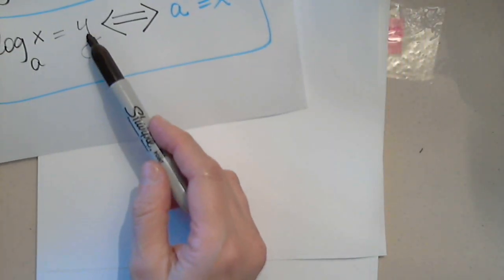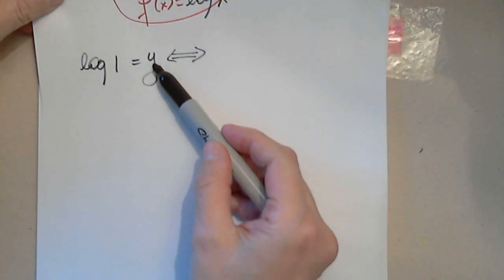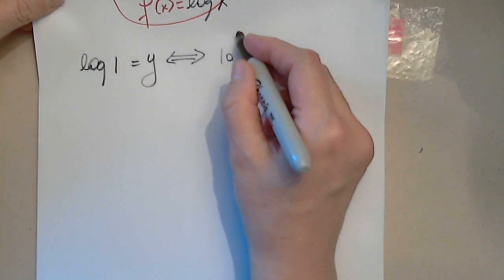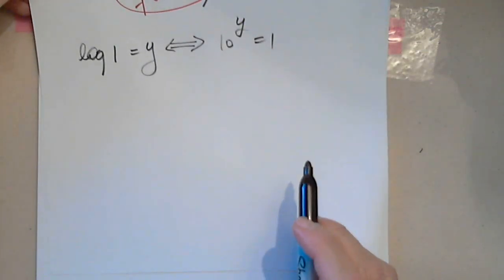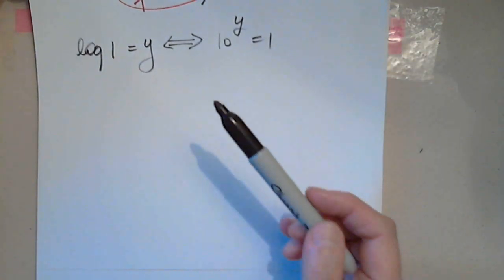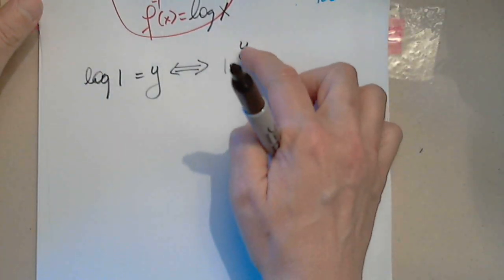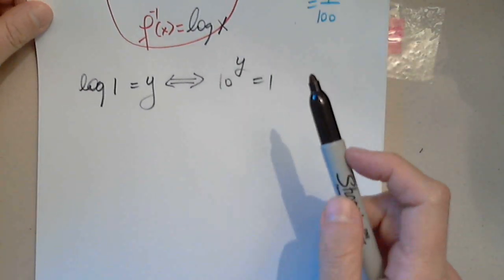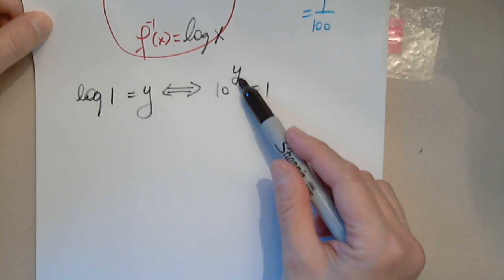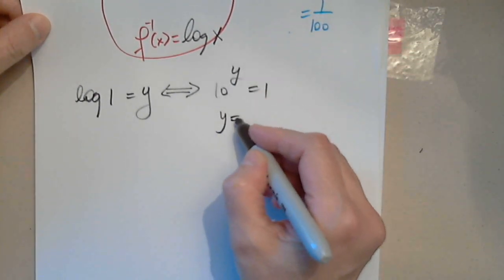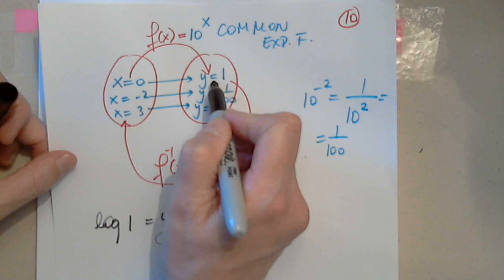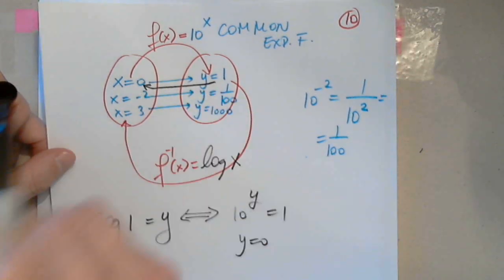So 10 raised to y equals 1. And now let's think. 10 raised to which power will be 1? There's only one number that I raised. Say it again. 0. That's it. So indeed, I connected 1 back to 0.